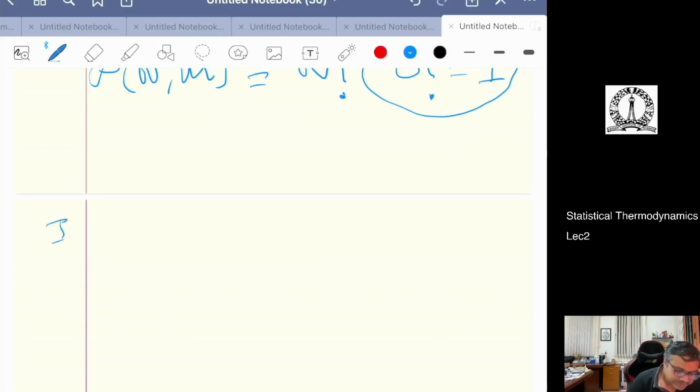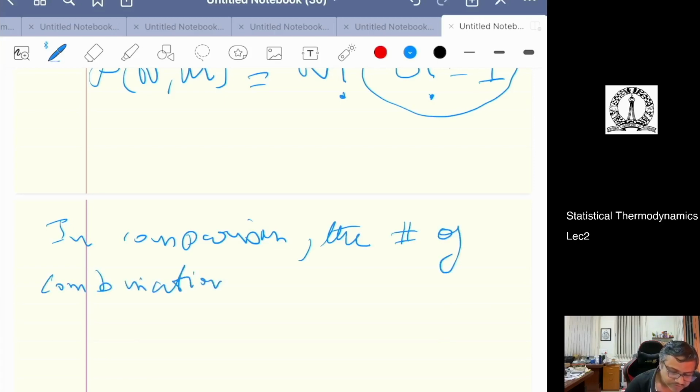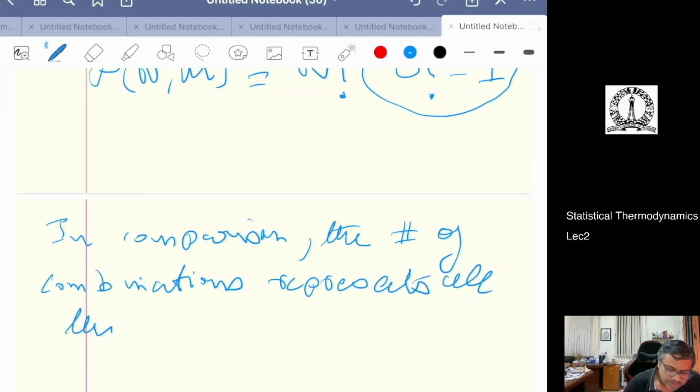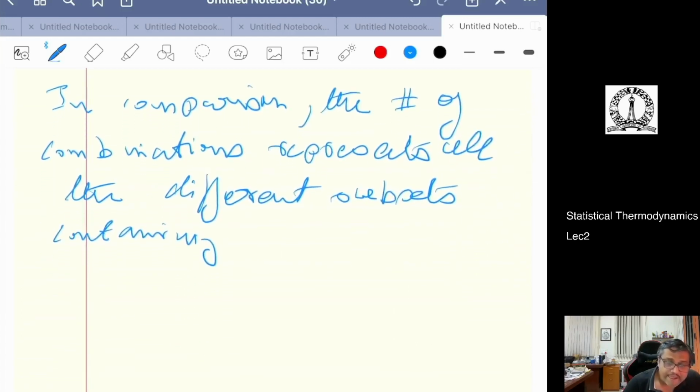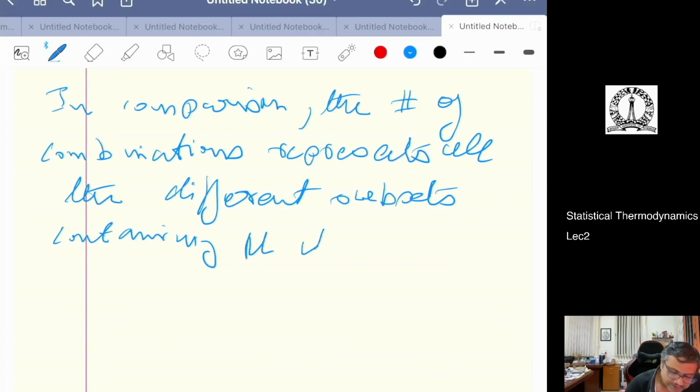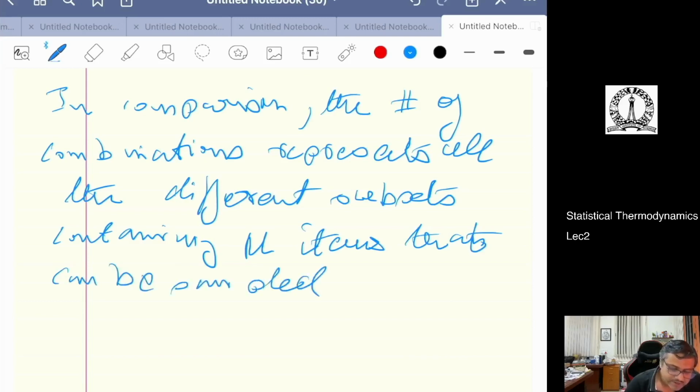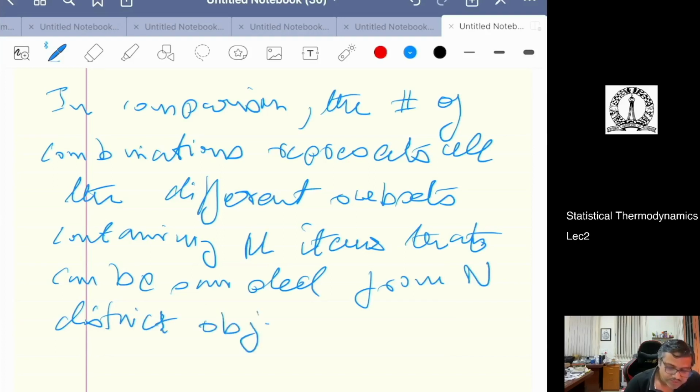Now in comparison, the number of combinations represents all the different subsets containing m items that can be sampled from n distinct objects.